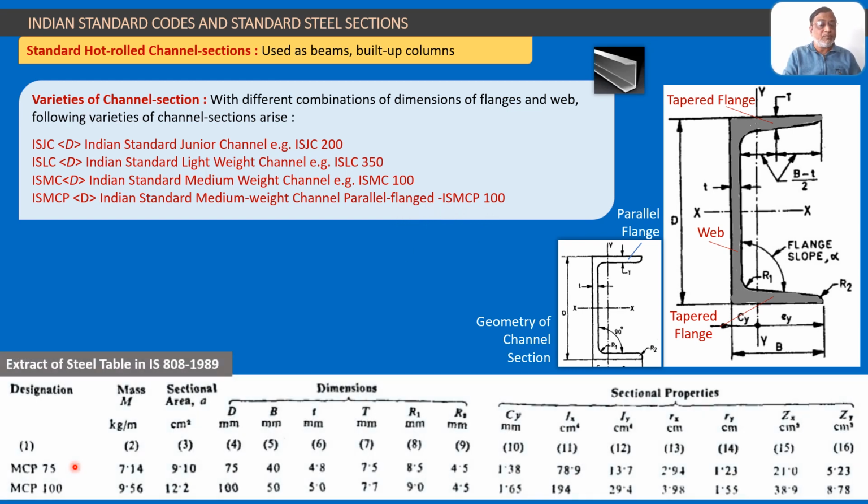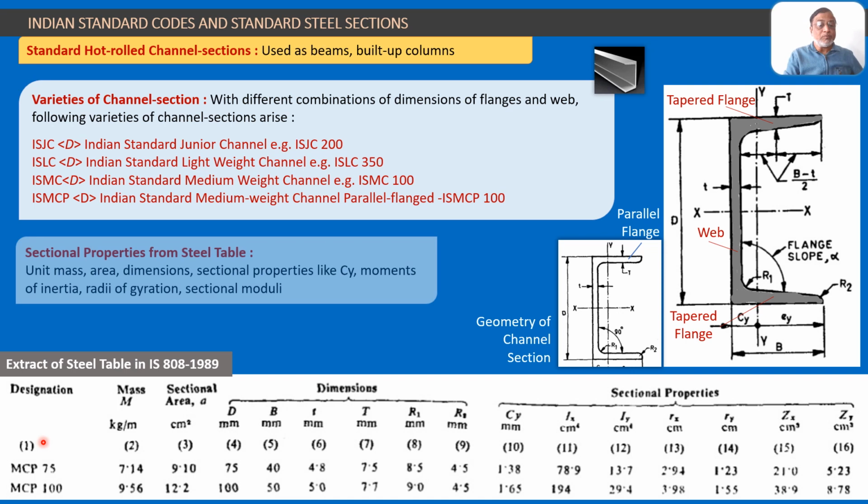Now we get an example here. This is extract of steel table in IS 808 1989. This extract is talking about MCP. So this is parallel flange section. So let us take an example here. MCP 75.